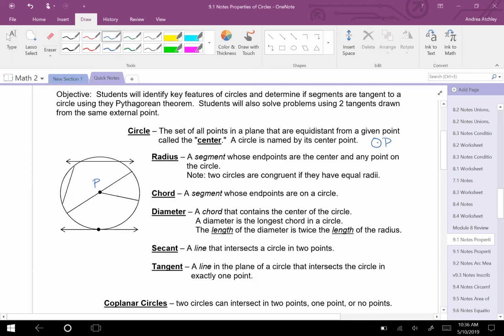The radius is a segment whose endpoints are the center and any point on the circle. So we went from the center to an endpoint. This right here is the radius, from here to here.